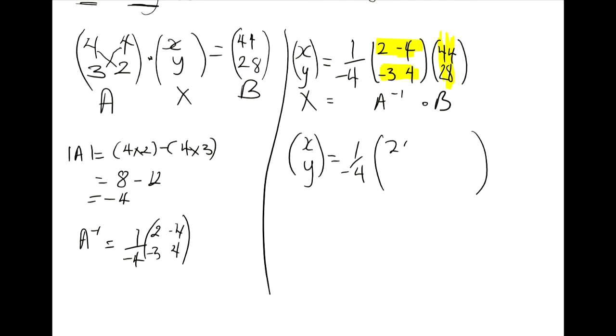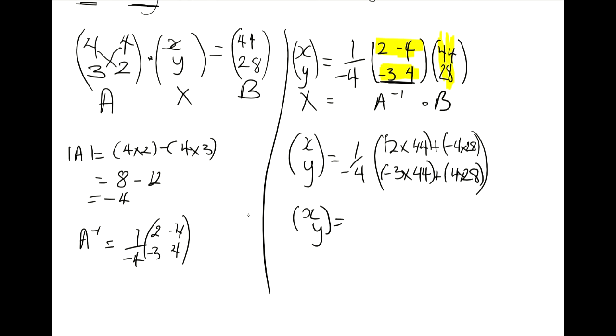So 2 by 44, put them in brackets, plus negative 4 by 28. This is going to be the first row. The second row will be negative 3 by 44 plus 4 by 28. And this is the bottom row multiplying the column.